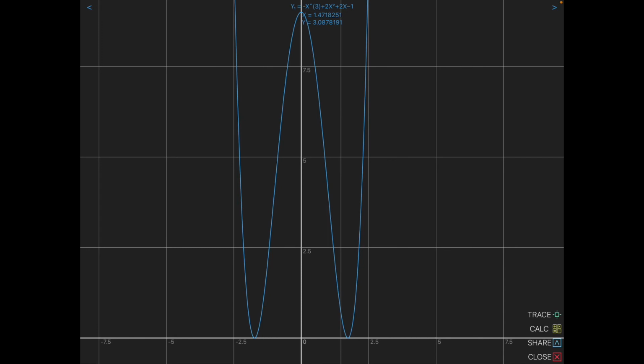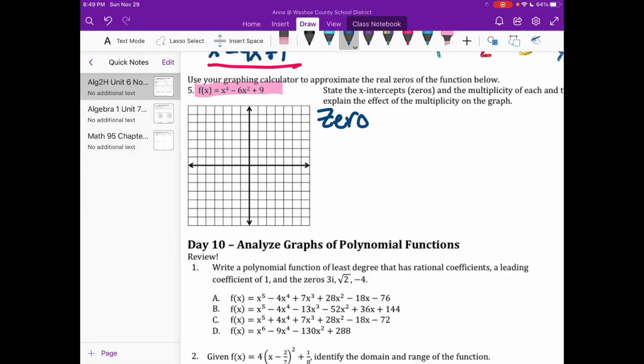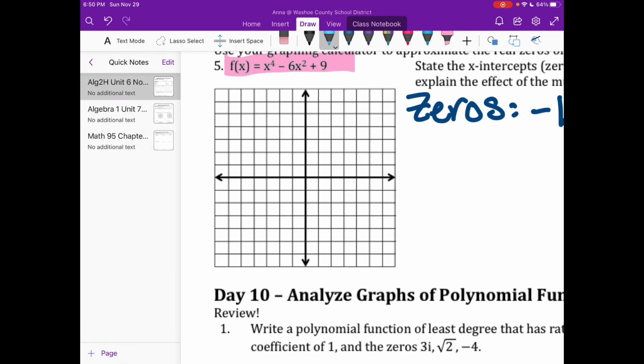But let's transfer this by hand to our other graph. Okay. So I did find the zeros, I promise you. The zeros are at negative 1.73 and 1.73. Okay. So if I'm putting that on my graph, just do your best. Like, okay, that's not 2, and that's not 2. Close enough, okay?